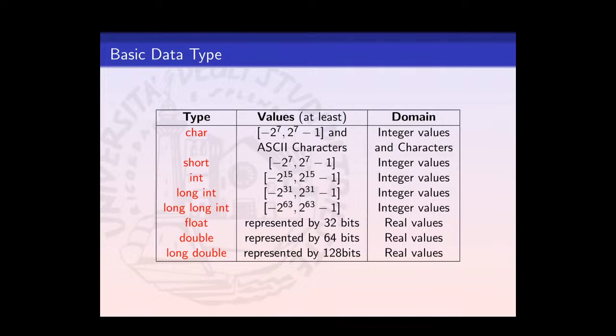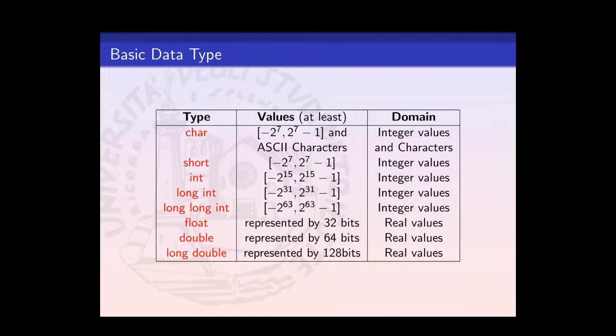By the way, these data types are not standard. The standard specifies a minimum range for these data types, but it could be the case that in some architecture the char data type can store a larger domain of values.